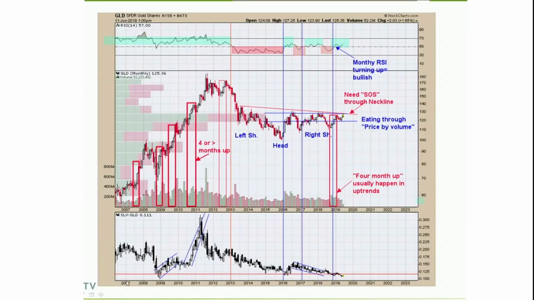I only go back to 2007, but when it's gotten down this low, it's usually been a fairly good situation. In late 2008 it hit that low, and in 2016 it popped up some, and it really hasn't done anything since late 2018. Relatively speaking, silver compared to gold is extremely cheap right here.